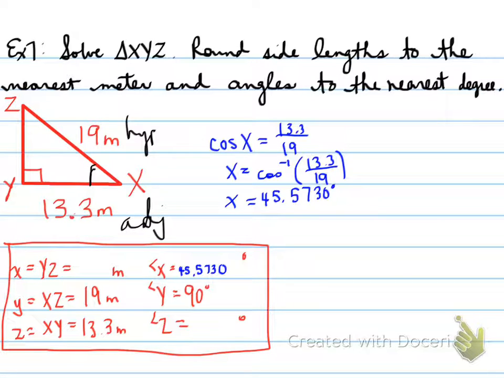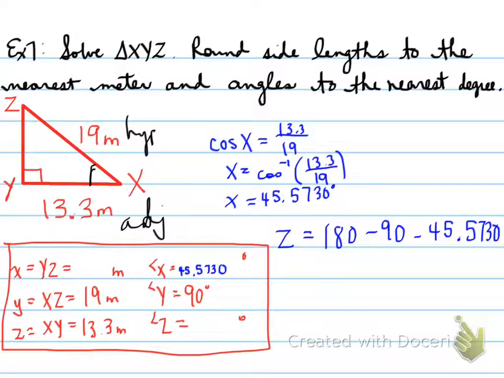We can find the third angle, the missing angle, angle z, by literally just using the sum of the angles in a triangle theorem. Sum of the angles in a triangle theorem says z will equal 180 minus 90 minus 45.5730.